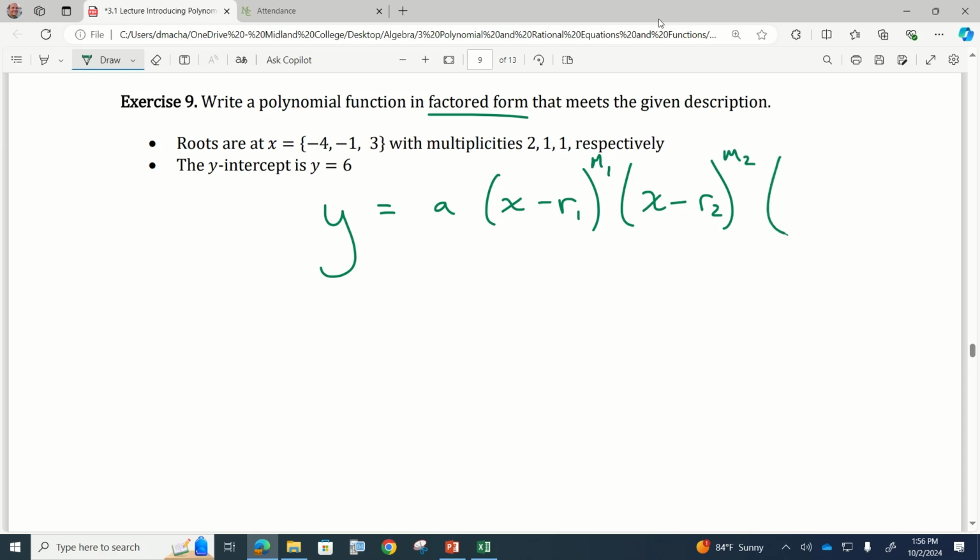If I have a polynomial with 3 distinct roots, then that's what it is. That's the factored form. Now I don't know what my leading coefficient is, so I'll just write a for right now. Maybe we can go back and fix that later. But then my first factor should look like what?